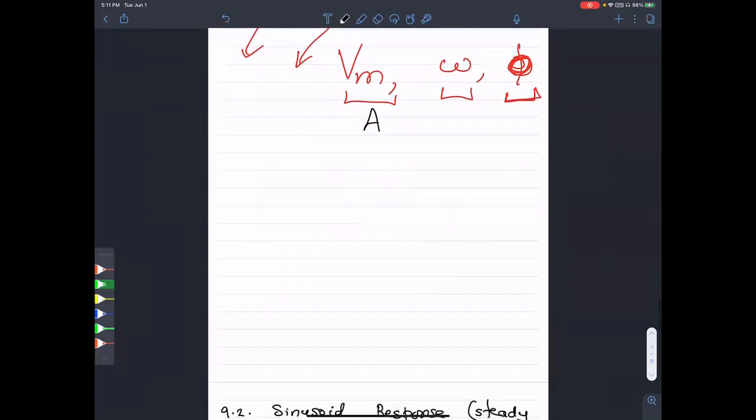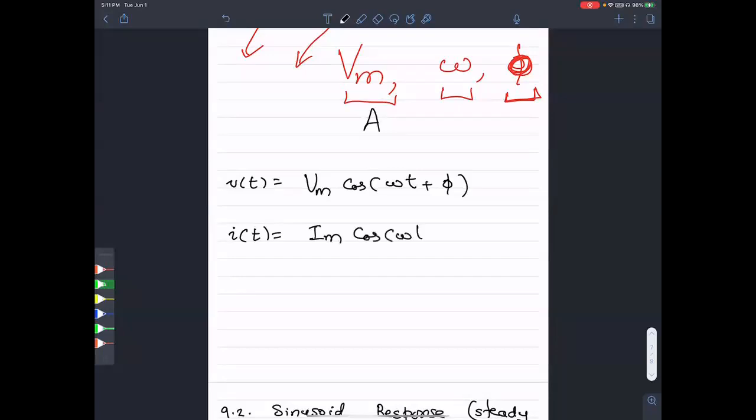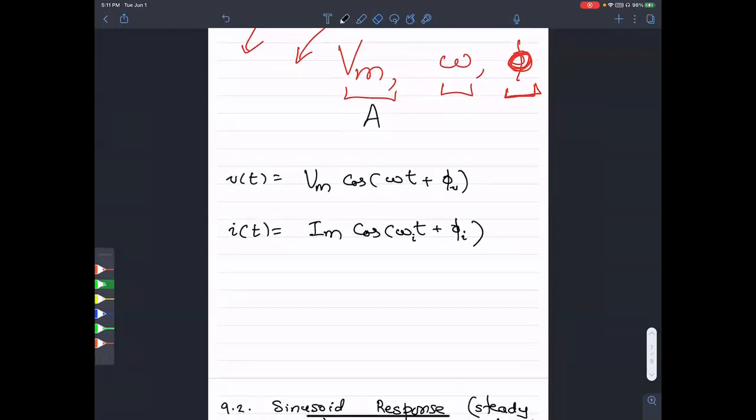When you're writing a voltage signal, v(t) is capital Vm cosine(omega t plus phi). When you're writing a current, you could be writing it as Im cosine(omega t plus phi i), simply showing that one is a voltage equation and the other is a current equation.